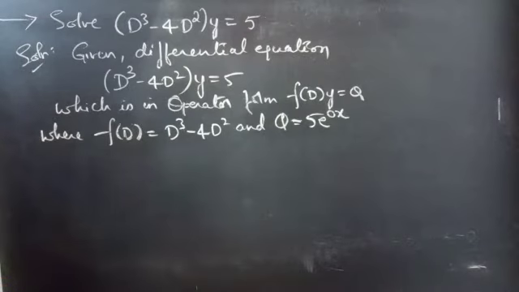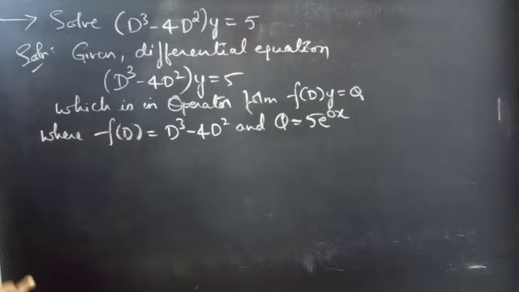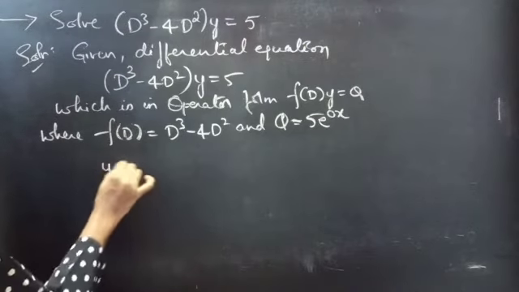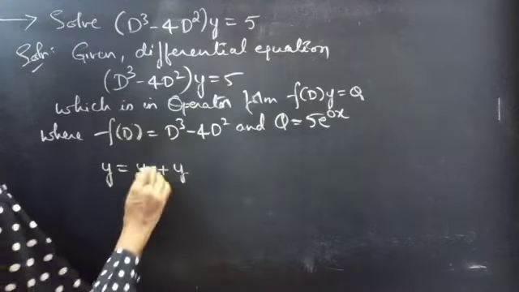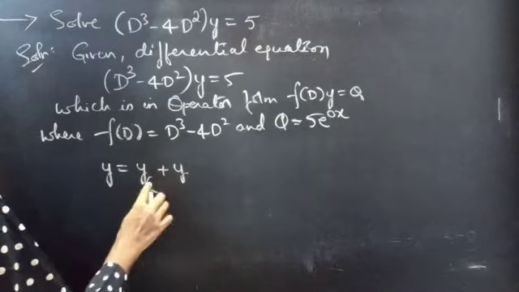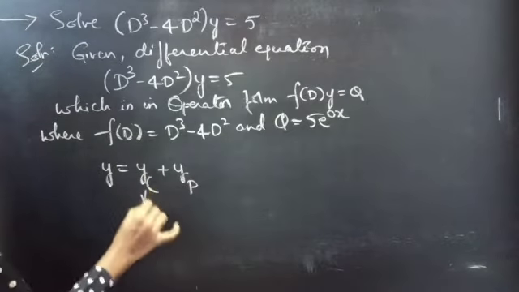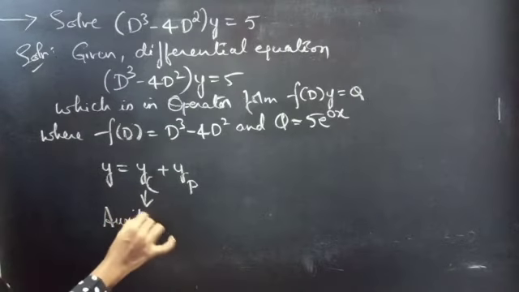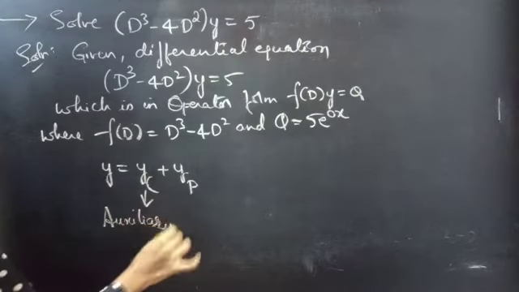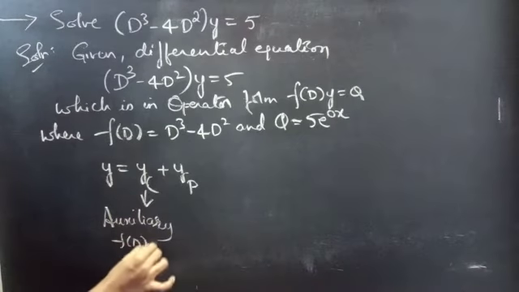Now we'll find the solution to the given equation. The solution is given by y equals yc, the complementary function, plus yp, the particular integral. We'll find the complementary function using the auxiliary equation of F(D) y equals 0.